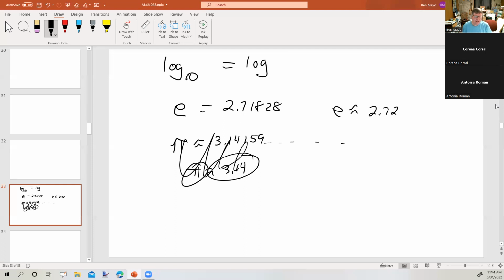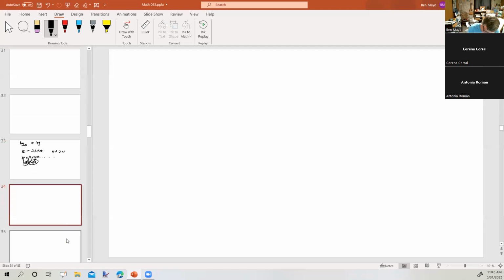Well, e is used when you have something that is compounding or growing continuously. Think back to the compound interest formula. A equals P times (1 plus r over k) to the kt power, where k is the number of compoundings.